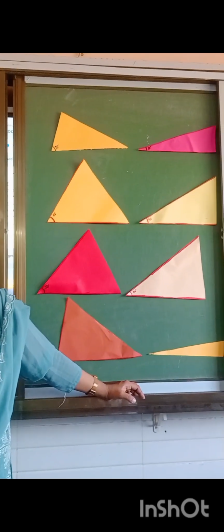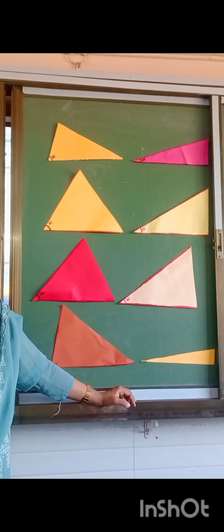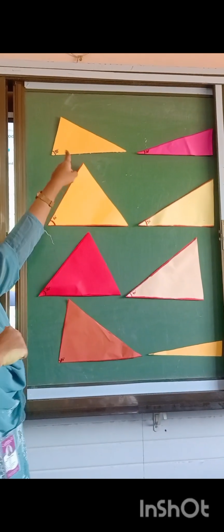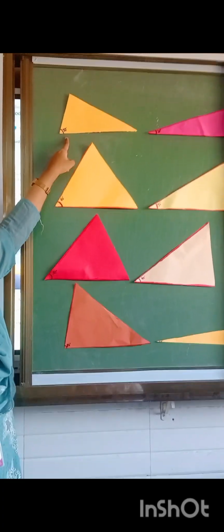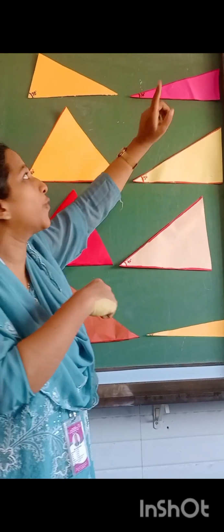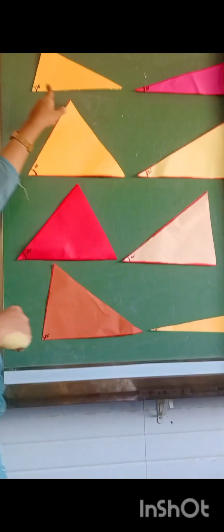So when two angles make a sum of 90 degree, those two angles are called complementary angles. So I can say 70 degree is the complementary angle of 20 degree. Or I can say in this way also, 20 degree is the complementary angle of 70 degree, because 20 degree is helping 70 degree to make 90 degree.